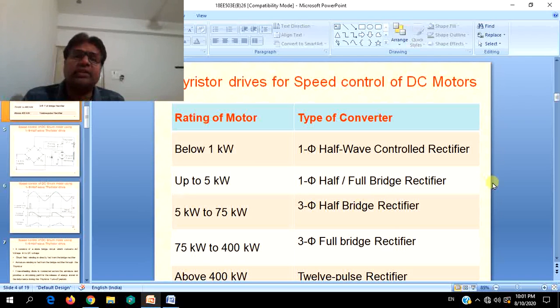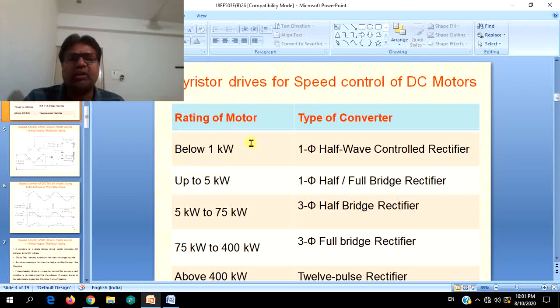To start with, first we have to understand the selection of particular converters, power electronic devices, and also the circuit configurations which are suitable for a particular purpose, and those things mainly depend on the ratings of the motors.